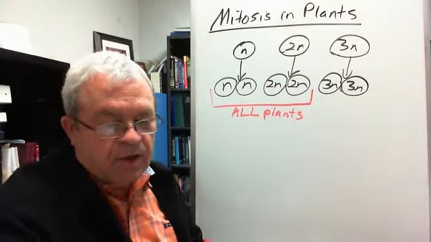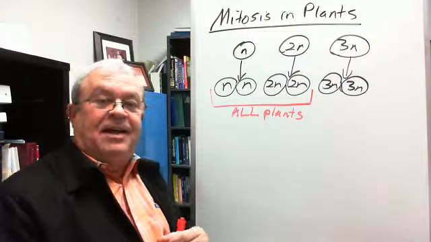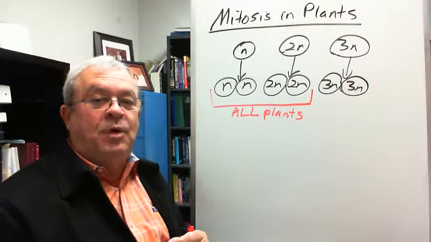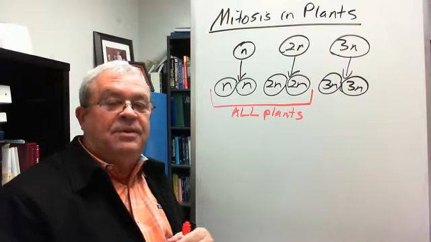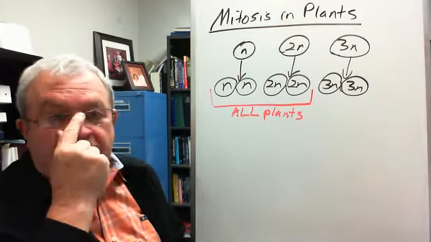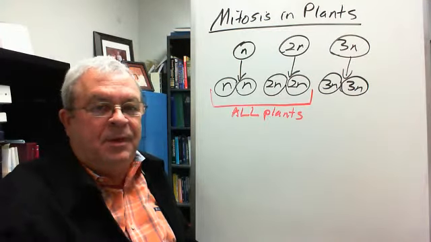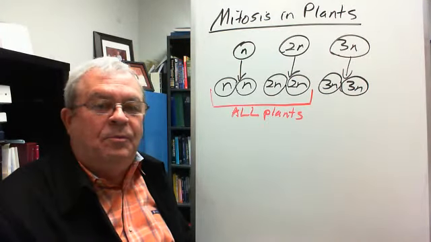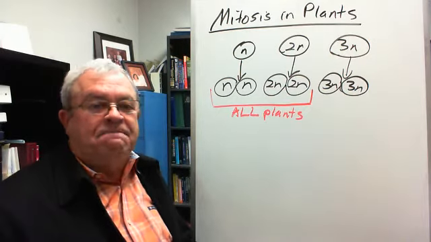Then the question is, which kind occurs only in flowering plants? I guess that must be just one kind, the only one that's left. But let's think for a second about flowering plants. You mean all plants don't make flowers? Do all plants make flowers?